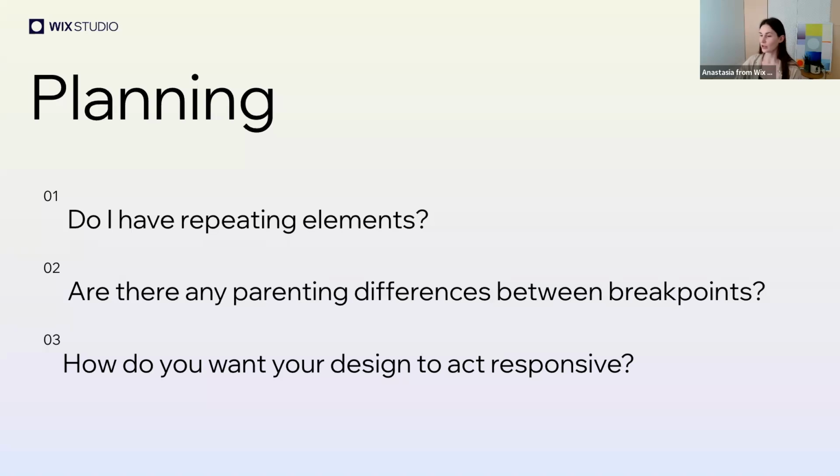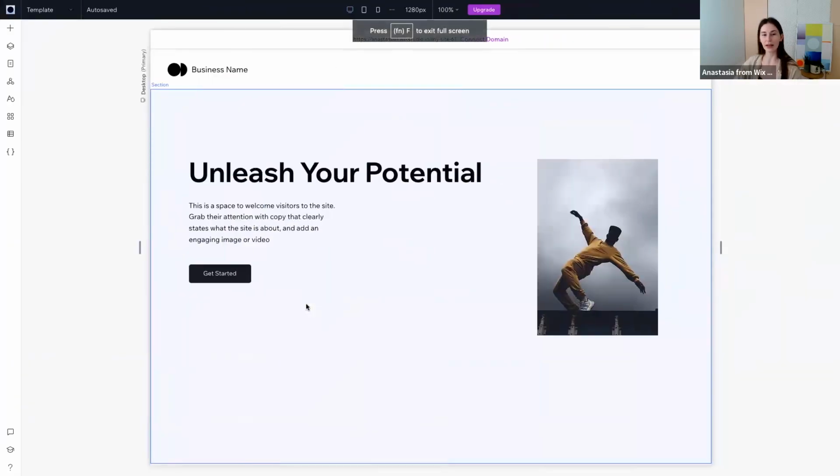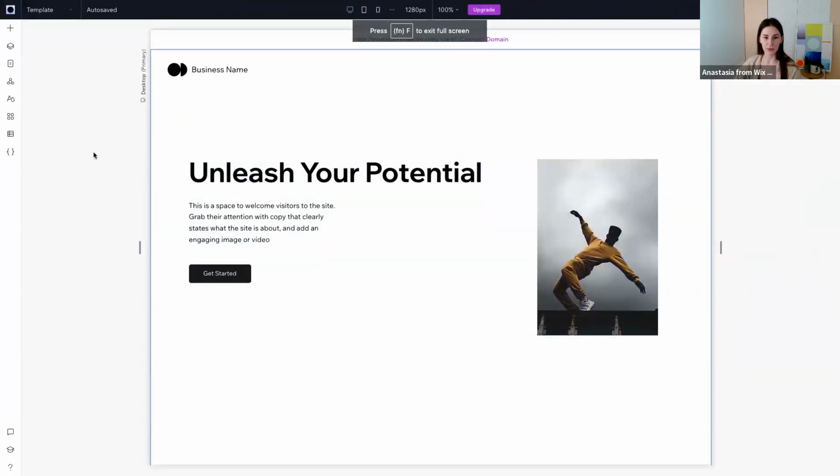We also talked about the responsive behaviors that we have to apply on the elements in our sites, for example stretch, fix, scale proportionally, and so on. So let's jump to the editor and see what we talked about.